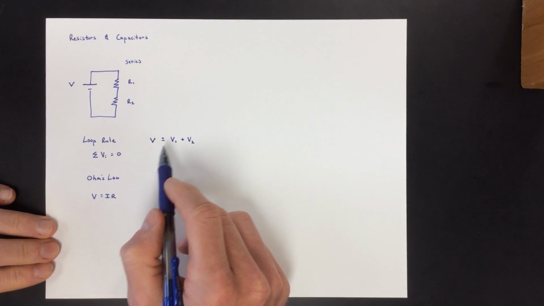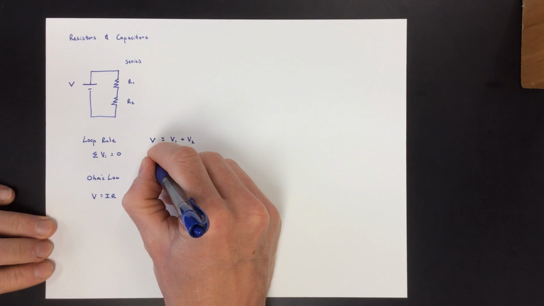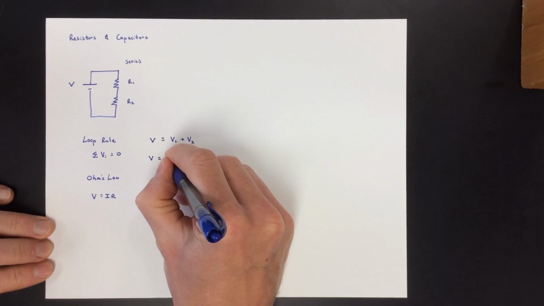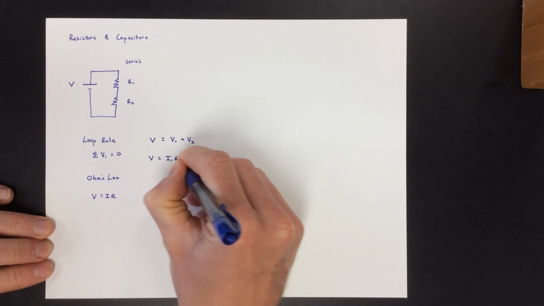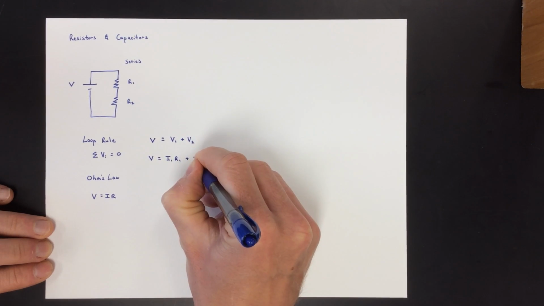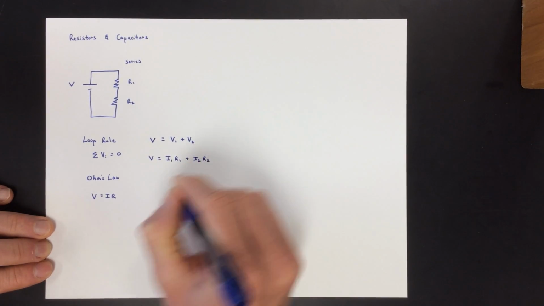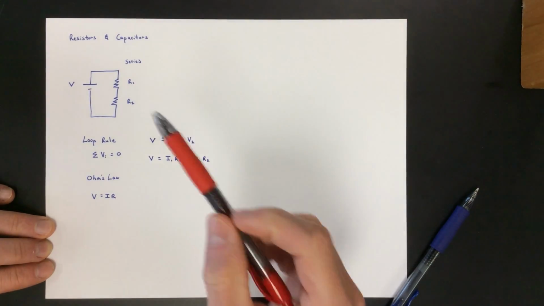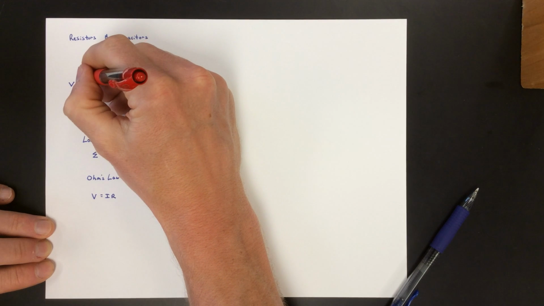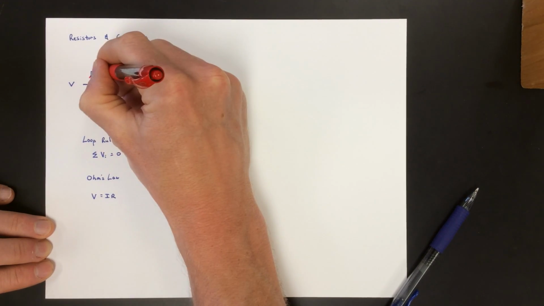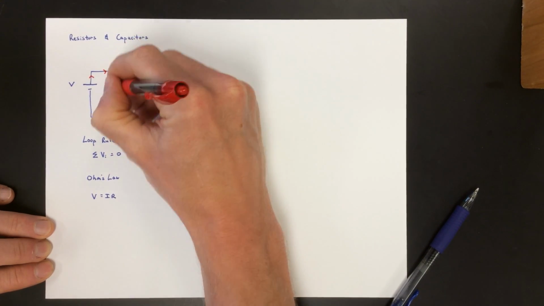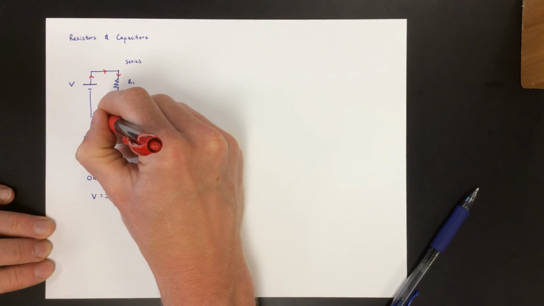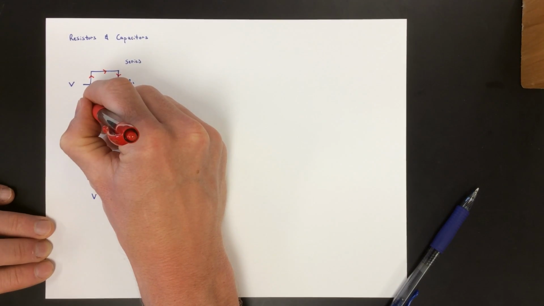Well, what is that? V equals I1 R1 plus I2 R2, based on Ohm's law. However, what's our knowledge of current? The battery causes the flow of current this way, down through this, and then across, and then you're back.